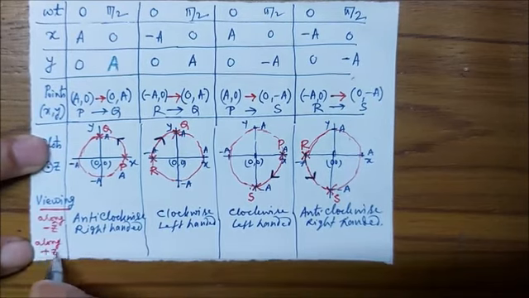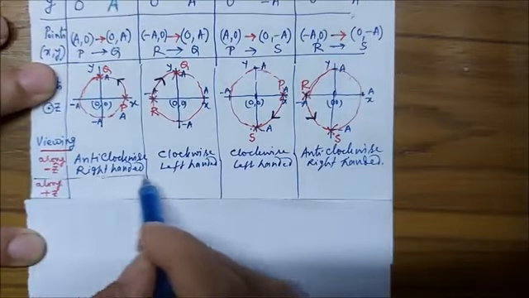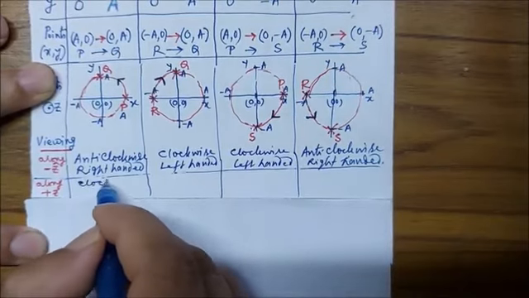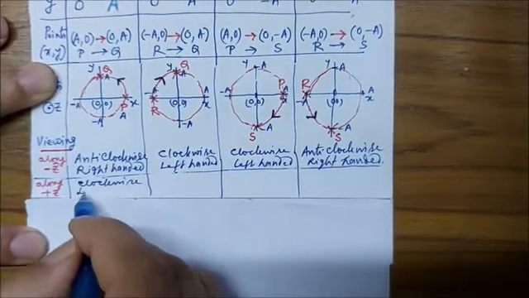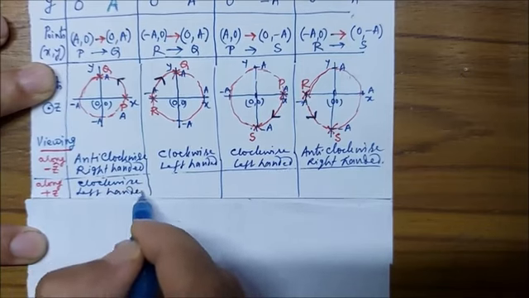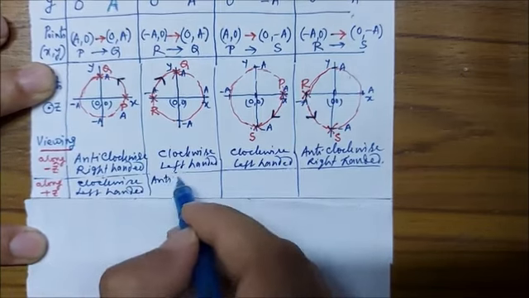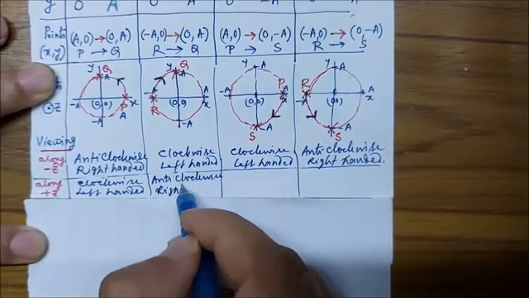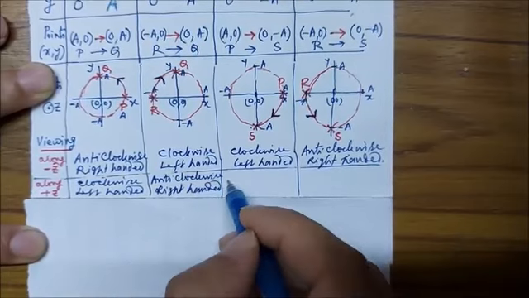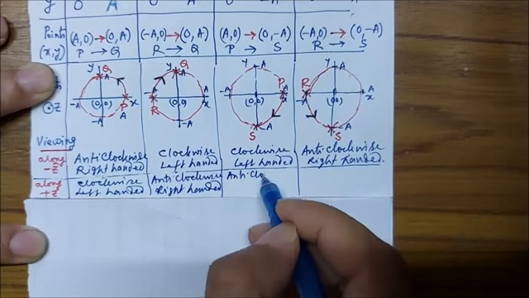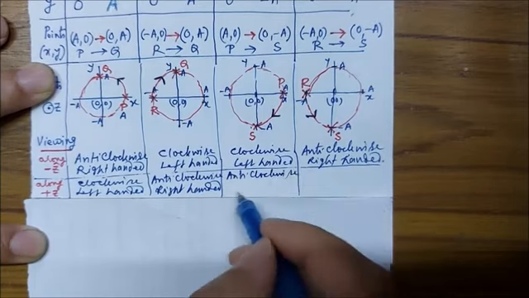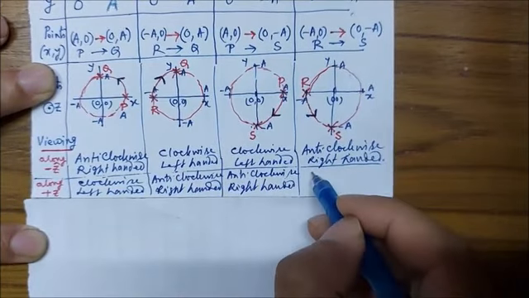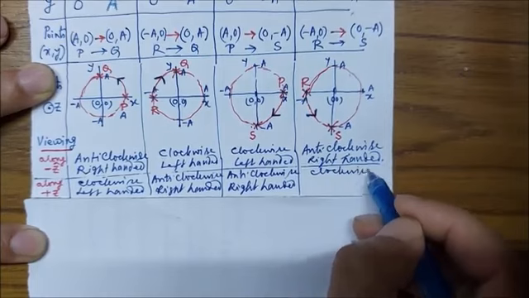So along plus z, the conclusions now will be clockwise, this is left-handed, this is anti-clockwise, right-handed, this is anti-clockwise, right-handed, and this is clockwise, left-handed.